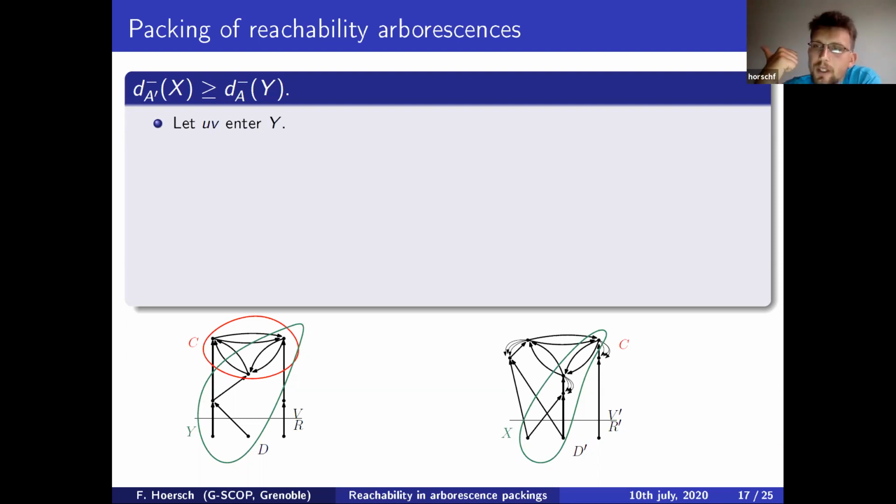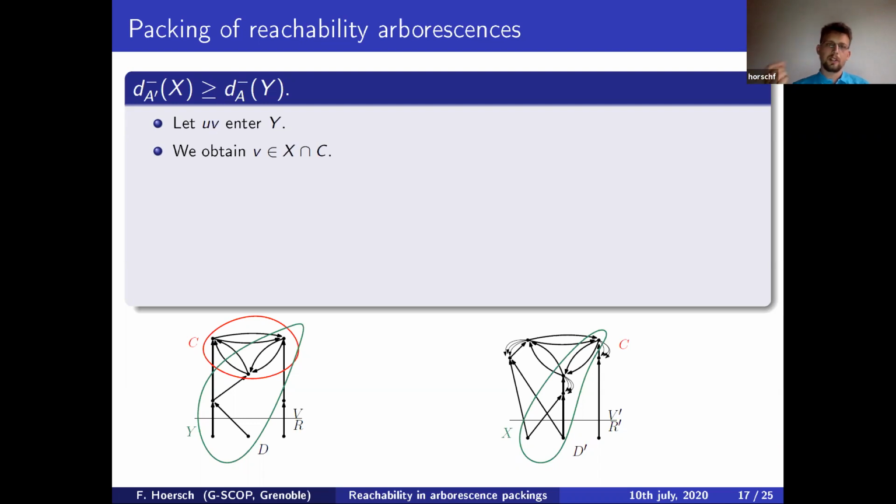Well, what can I say about v? As I told you before, U, the smaller set, certainly had no incoming arcs. So the only possibility for v left is to be in the upper part, to be in X intersection C, right? U has no incoming arcs.